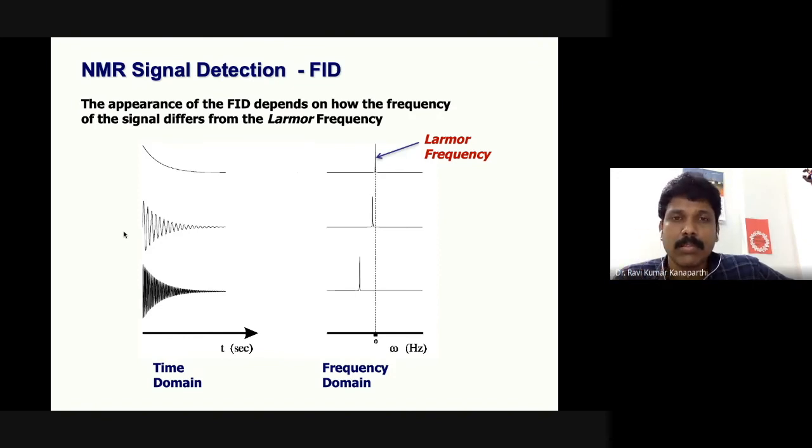When you stop the pulse, naturally it decays. FID tells you the pattern of how it decays. Now, this FID is not very convenient for interpreting our data. Therefore, it will be converted into frequency data.